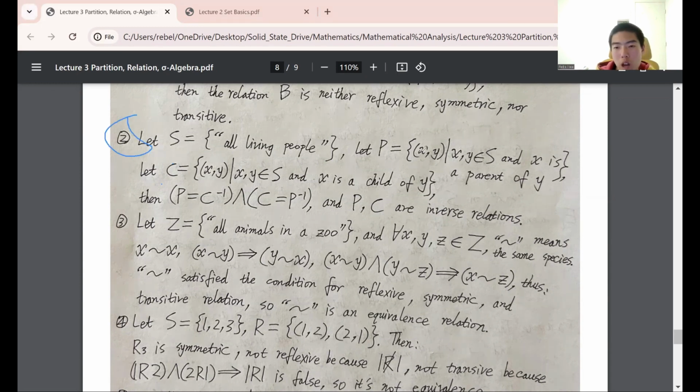P is equal to the pairs (X, Y), where X, Y belong to S and X is a parent of Y. And C is where X is a child of Y. So they are inverse relations because X P Y if and only if Y C X. Because if you are a parent of another person, then the other person must be a child of you, right? So this is called an inverse relation.